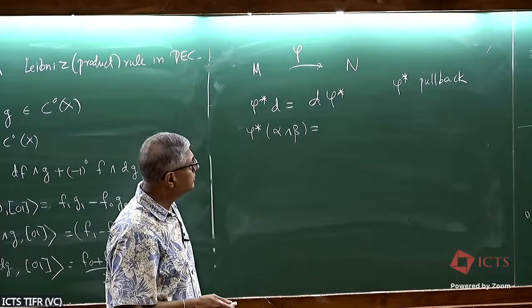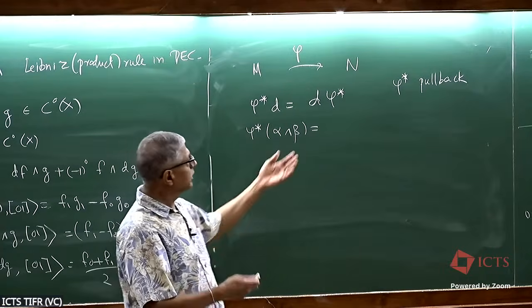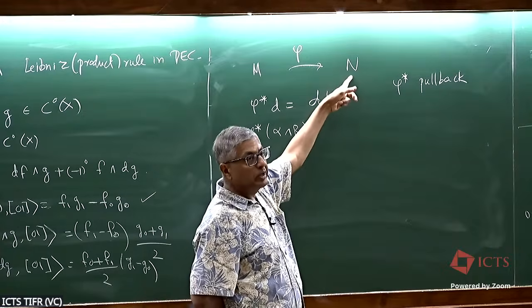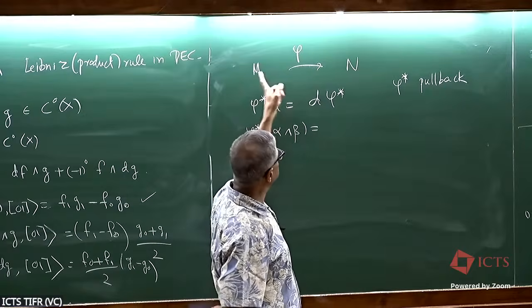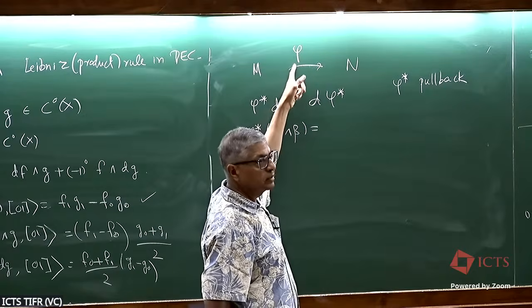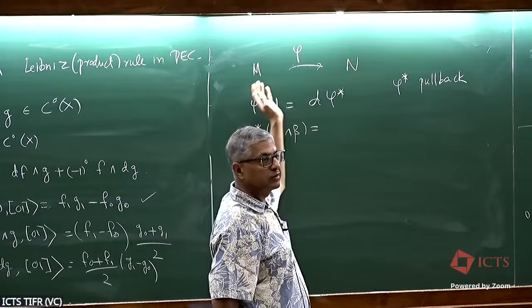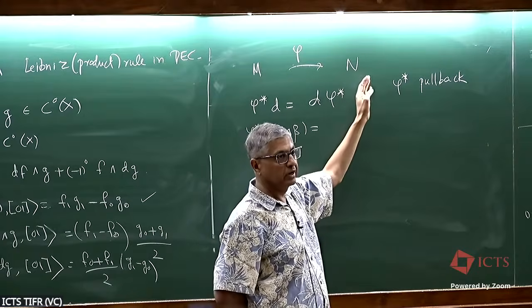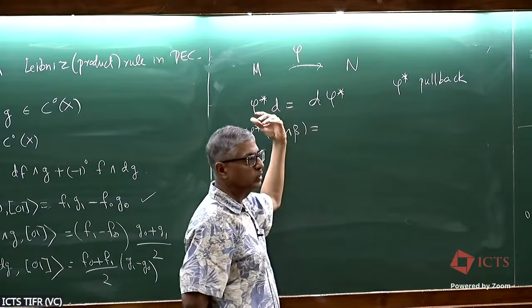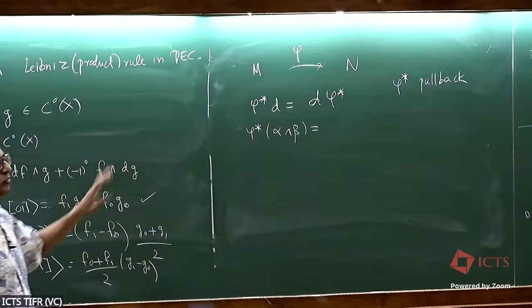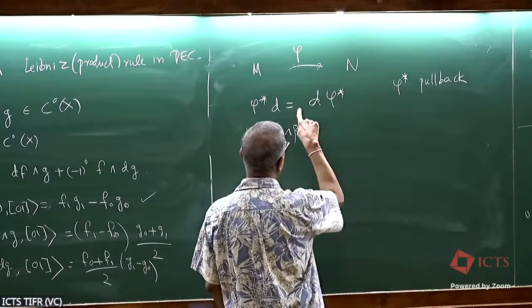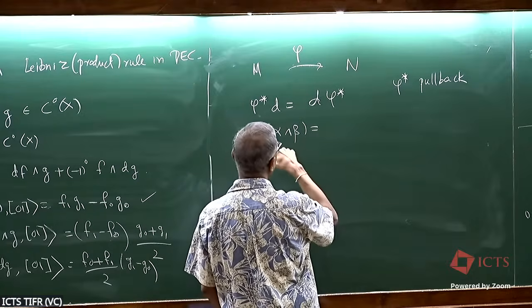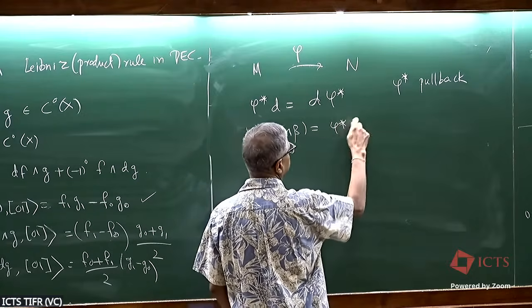Basically, if you have a form here, it allows you to define a form here. The way you do it is you take the differential and send the vectors over there and measure the value, and say that's my value. But it's not worth going into the formal definition. The main point is that pullback commutes with D and it commutes with the wedge product.